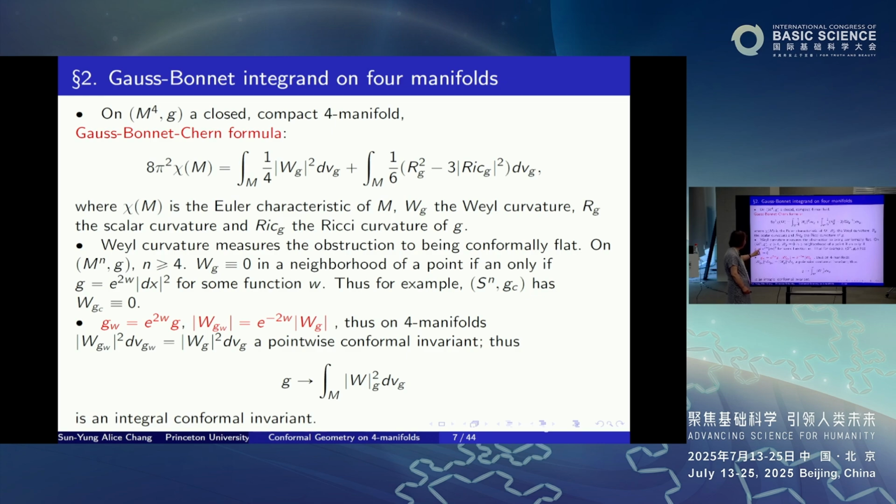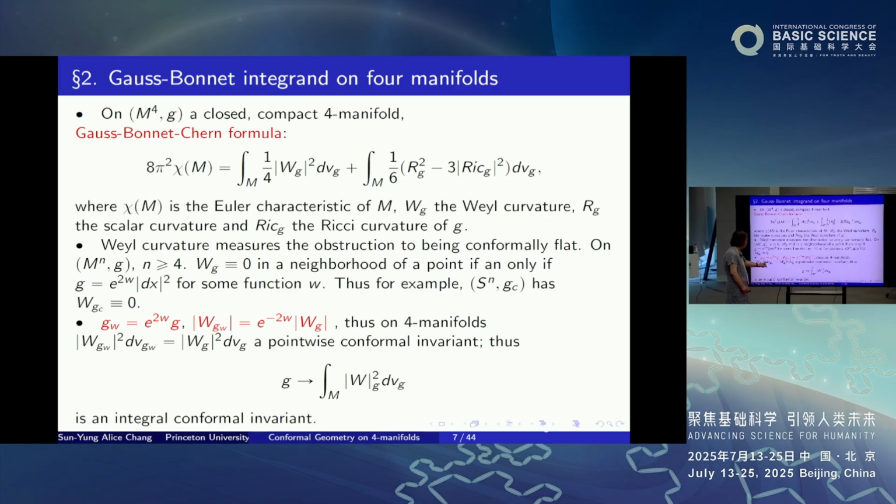First, if g equals e^{2w} g_0, and the Weyl is equal to 0, that means locally the manifold, in a neighborhood, is the same as the flat R^4 or S^n. So this is a local conformal invariant property.